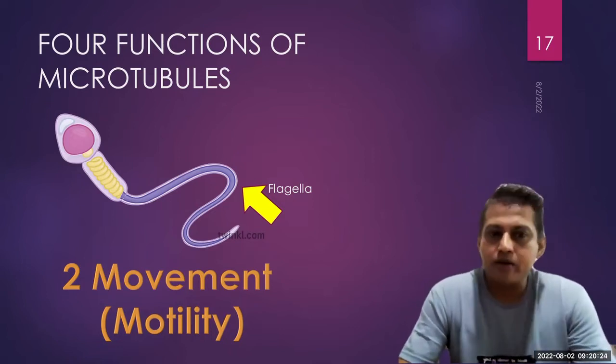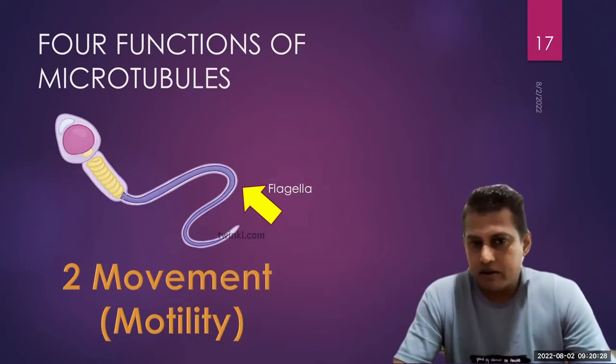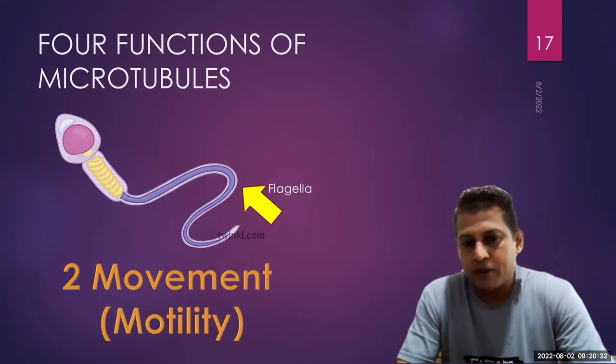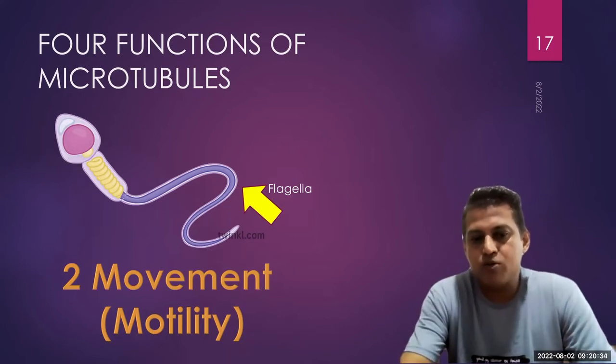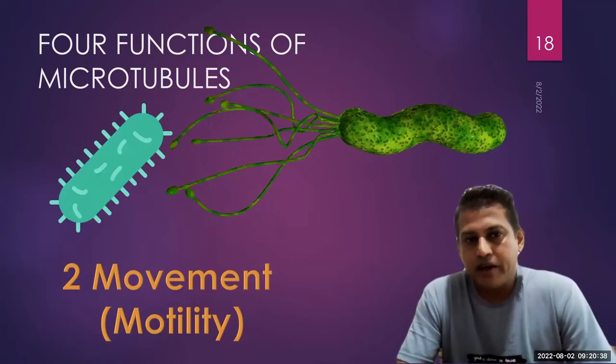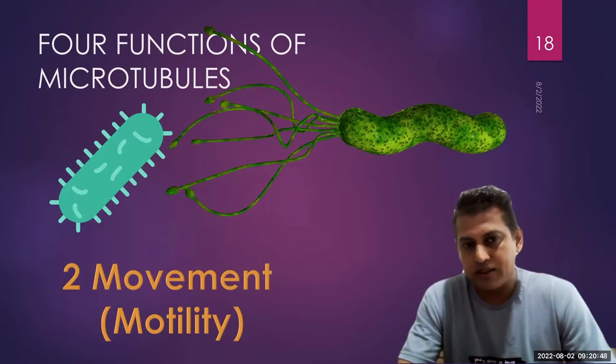If you take prokaryotes, like bacteria, they also have this kind of structures because they can also move. Here, this is the shape of bacteria, one type of shape. So they have again these long structures.